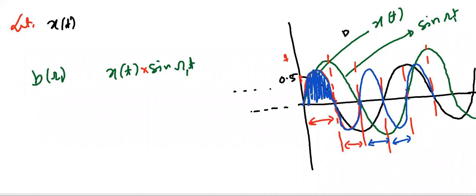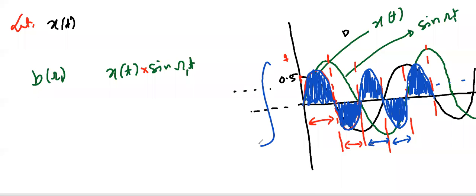So you get an area under the curve. You are getting some kind of area if you go for integration, because for each and every point you are getting some number. And it will continue.